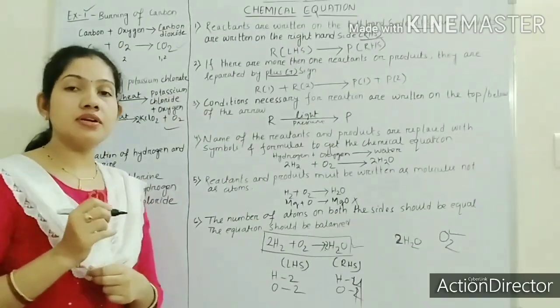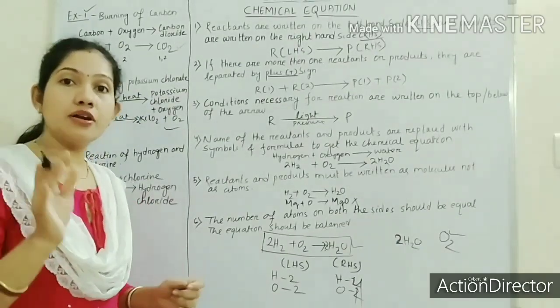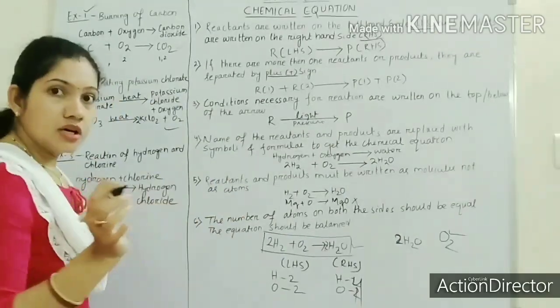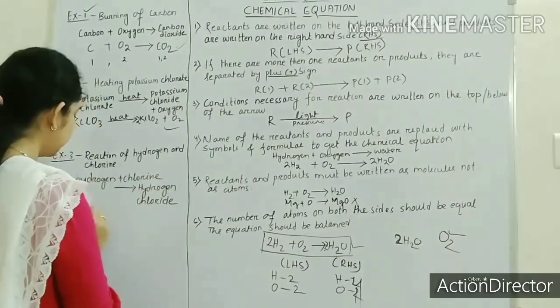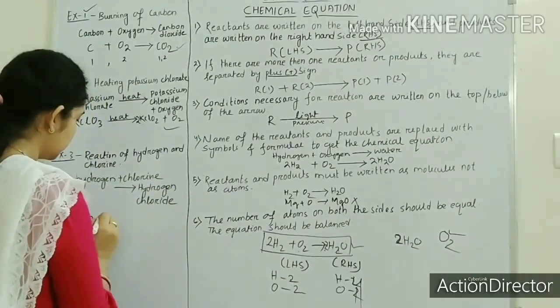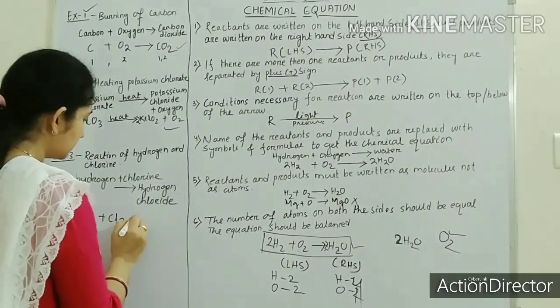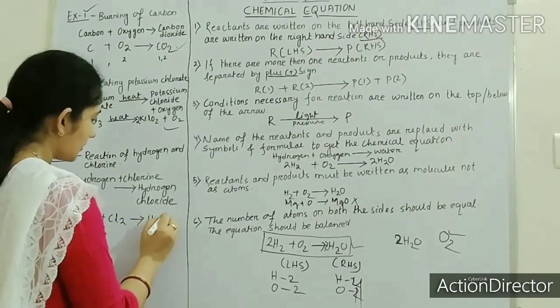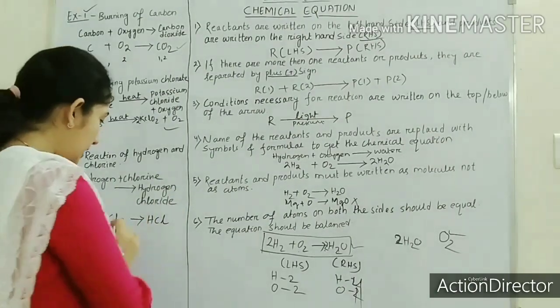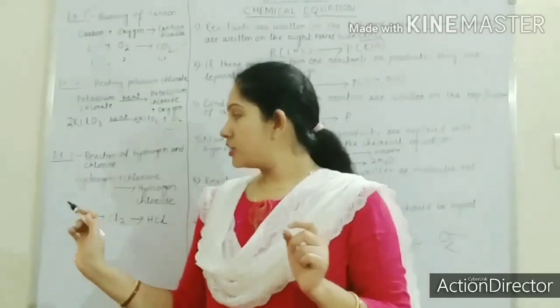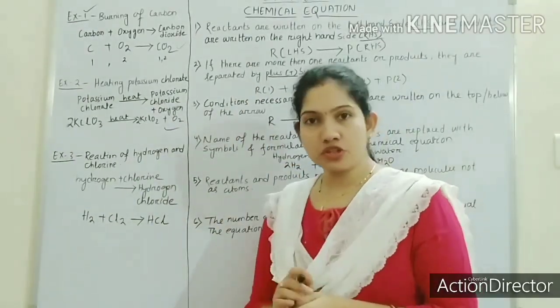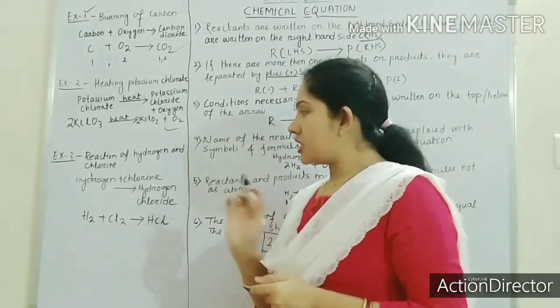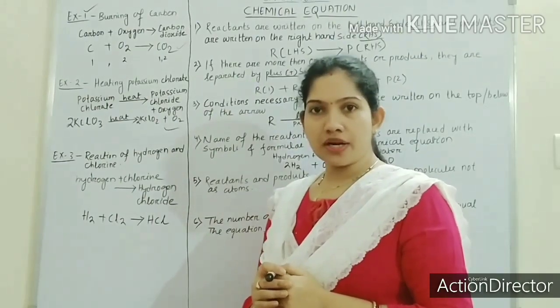Hydrogen and chlorine, when they react with each other, form hydrogen chloride. So we can write the chemical equation for this. This is the chemical equation for the formation of hydrogen chloride.